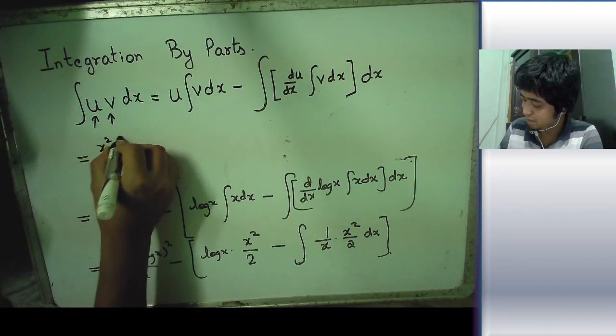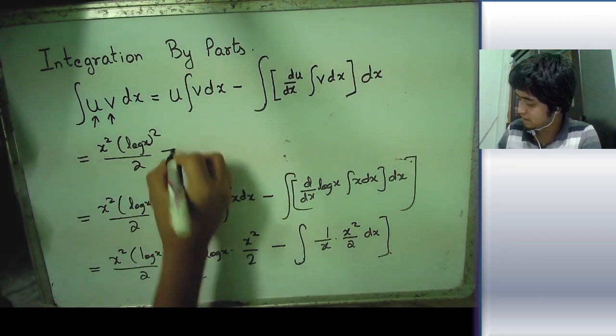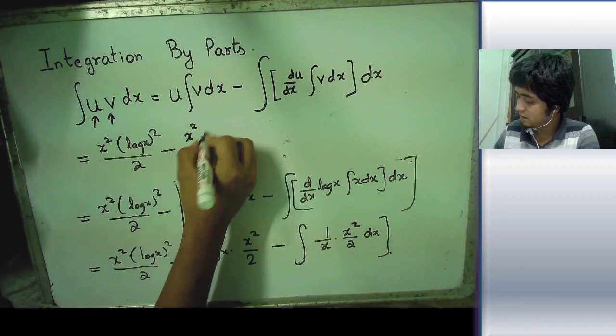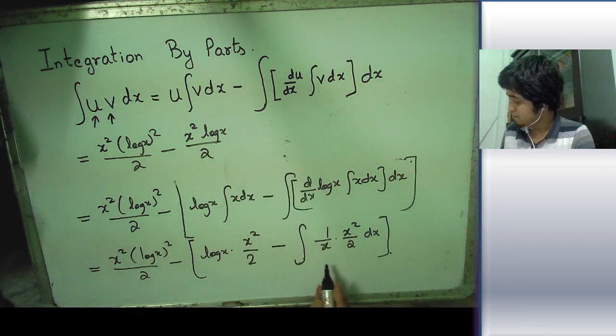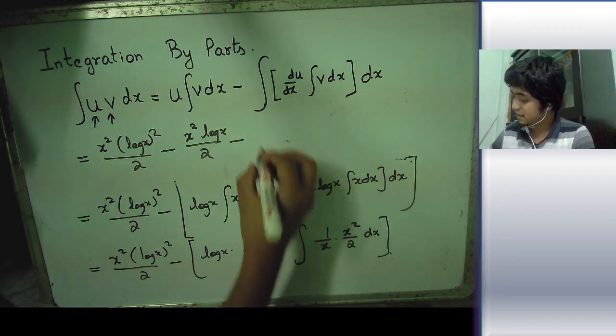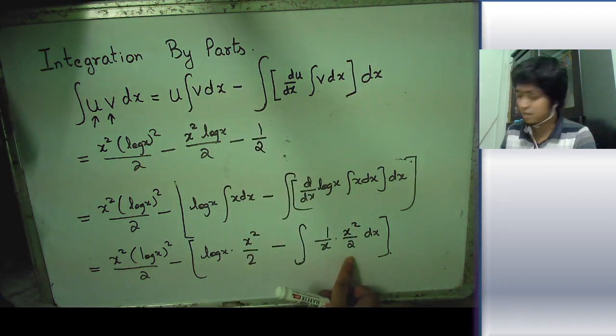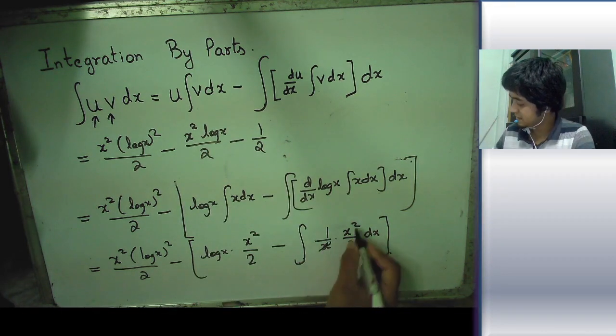So I will keep this one as it is, minus x squared log x upon 2. Okay, minus 2, you can take it outside. It becomes 1 by 2 because it is in the denominator. So it becomes 1 by 2 times this one.